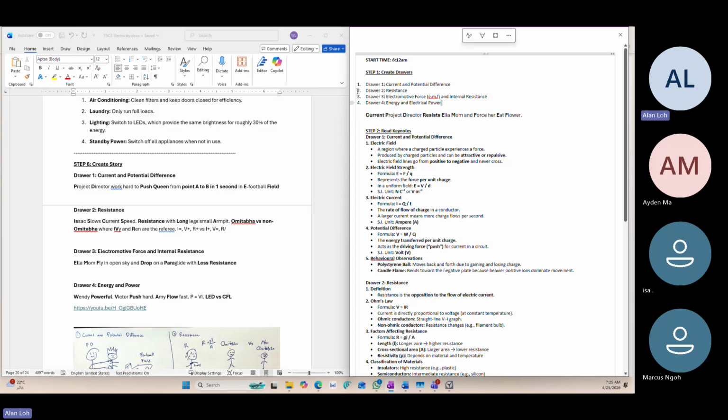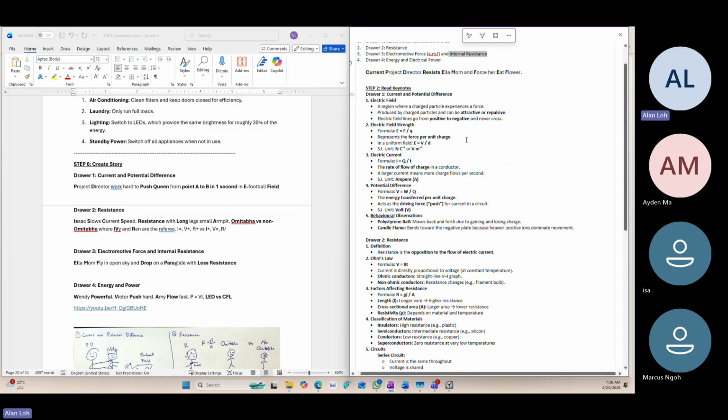Current PD, drawer number 1. Resistant, resist. Ella mummy, force, EMF. Internal resistance is not here, but I hope the EMF is able to help you to trigger to remember this internal resistance. And to eat what? To eat flour, EF. E is electric energy. Flour sounds like power, so electrical power, right?